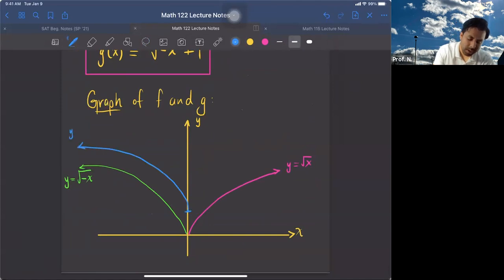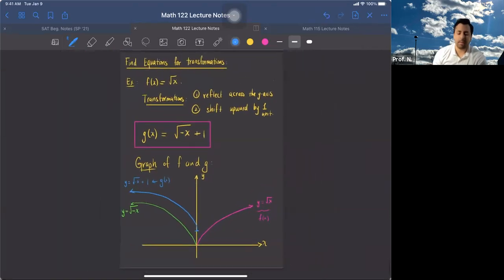So this is going to be y equals the square root of negative x plus 1. That's it. So this would be f of x. This is where we start. And then this is g of x. Is everybody with me with this?